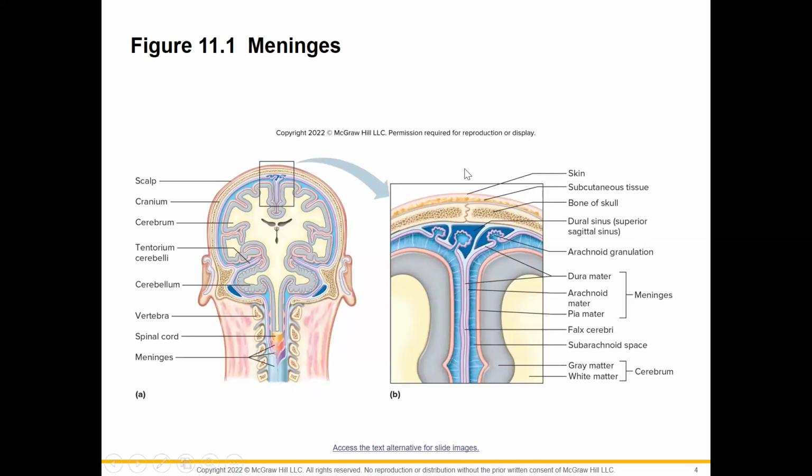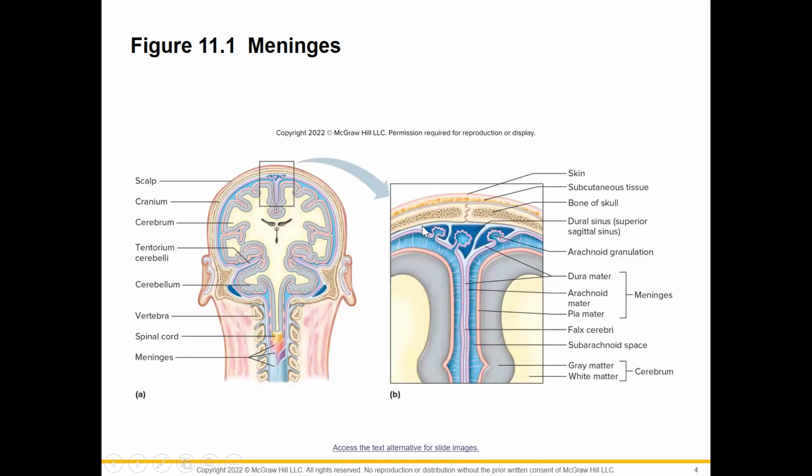In this image, you will see that the pink, which is the most superficial, is the dura mater. And then in the middle, where you have all of what looks like spider webs, it's the arachnoid mater. And then you have the orange, which is the pia mater.